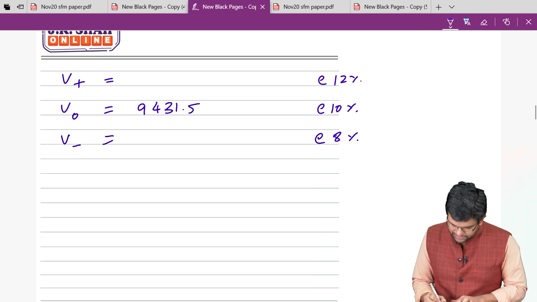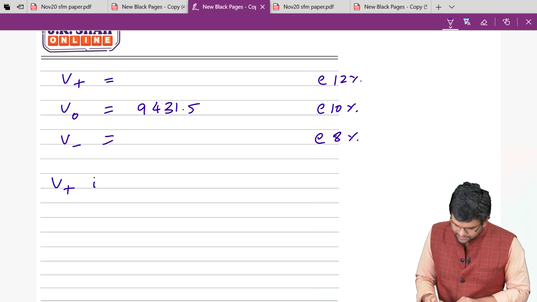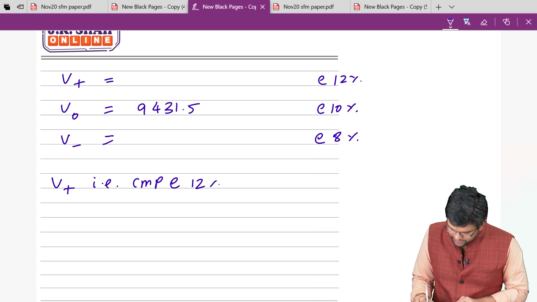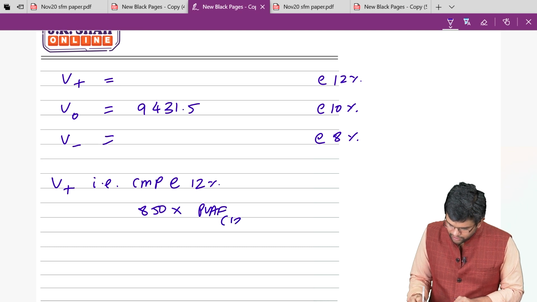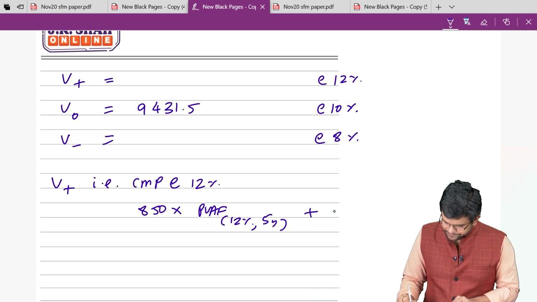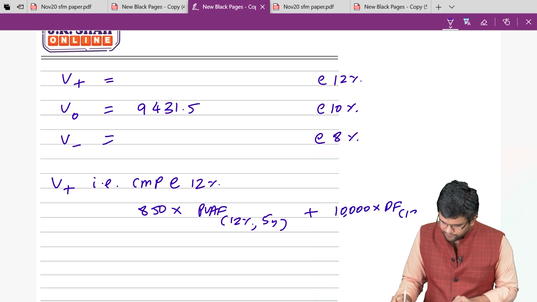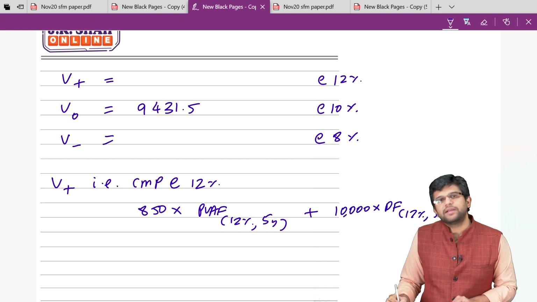So V plus, the current market price at the rate 12%, will be 850 into PVAF of 12% 5 years, plus 10,000 into the discounting factor of 12% fifth year. Everyone clear with this?